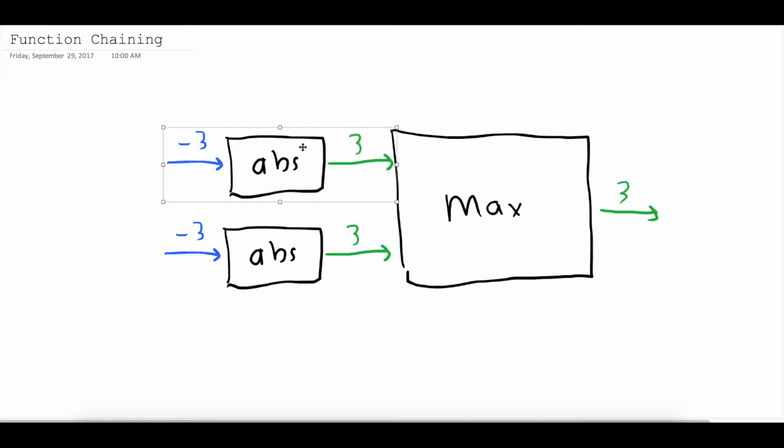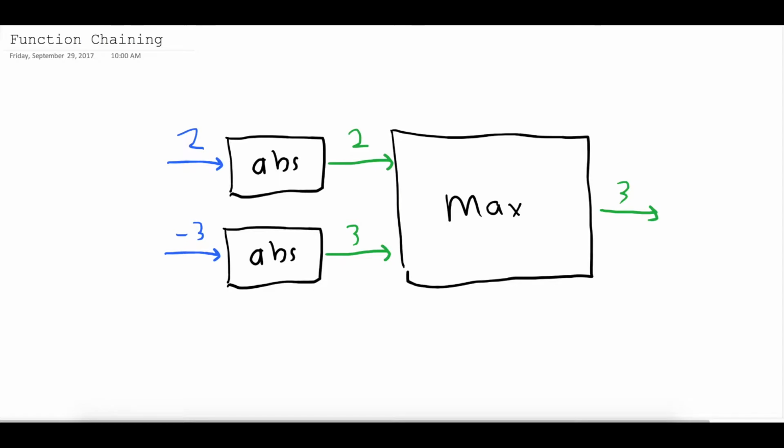Now let's say we again start with the numbers 2 and -3, but now we feed them through our absolute value function, so we get the output of 2 and 3, and then 2 and 3 get sent into our max function, which outputs 3, which is what we were originally looking for, right?